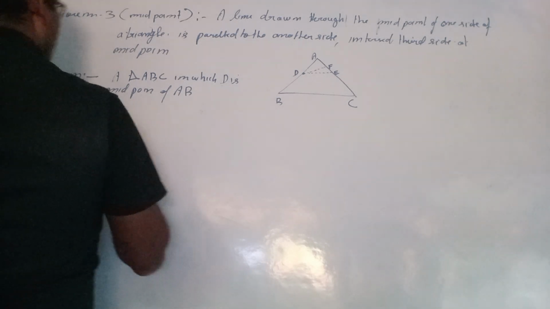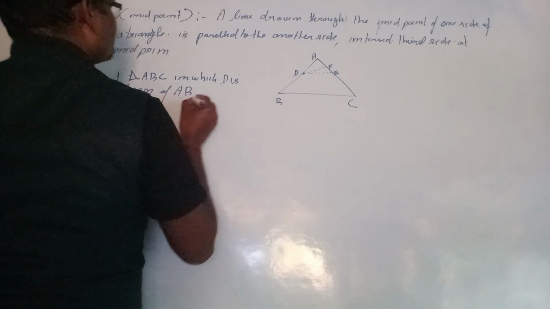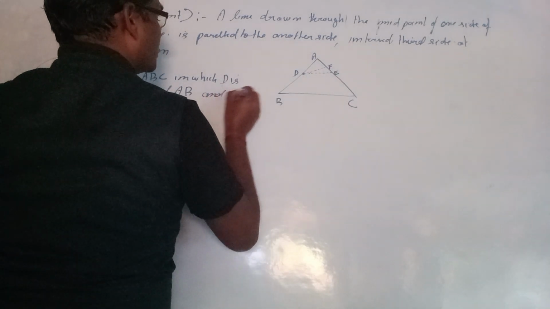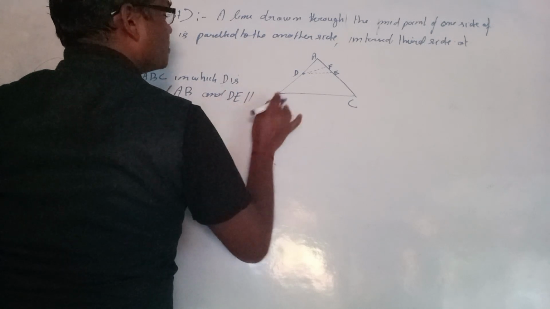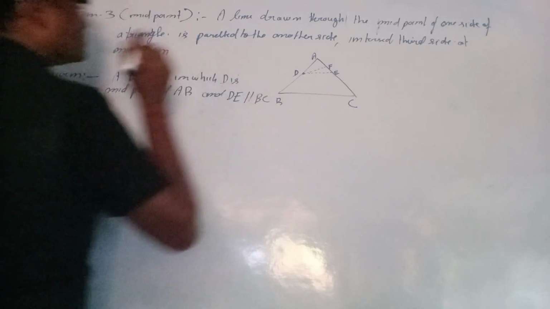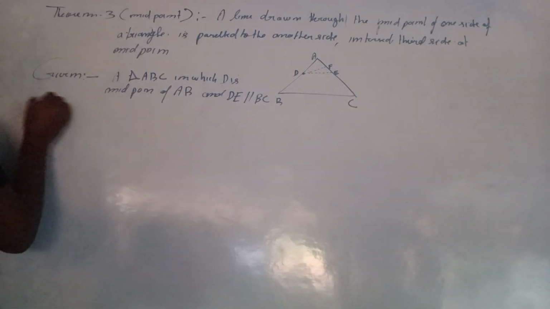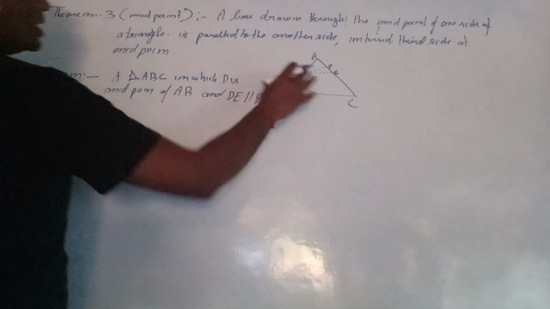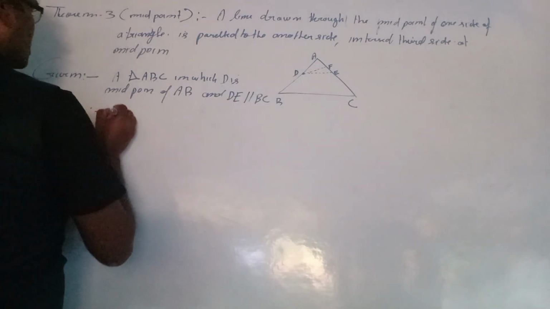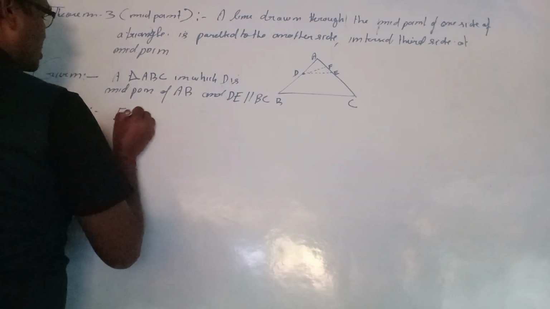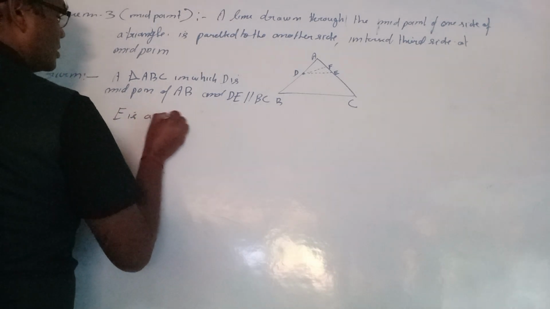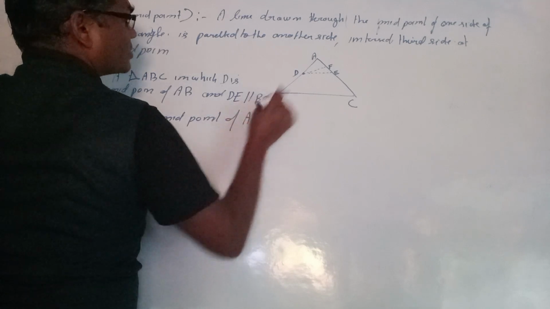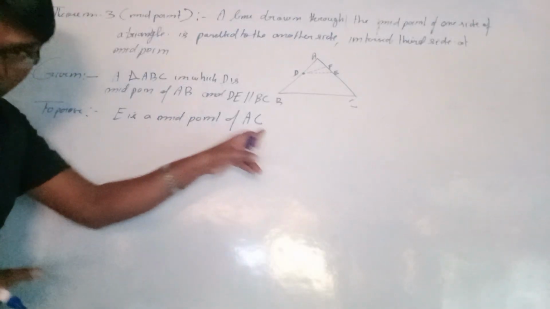And DE is parallel to BC. So what is to be proved? E is the midpoint of AC. We have to prove it.